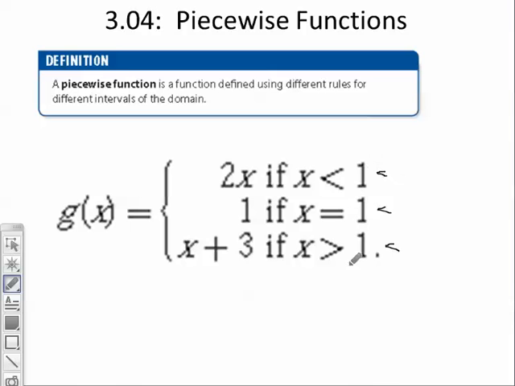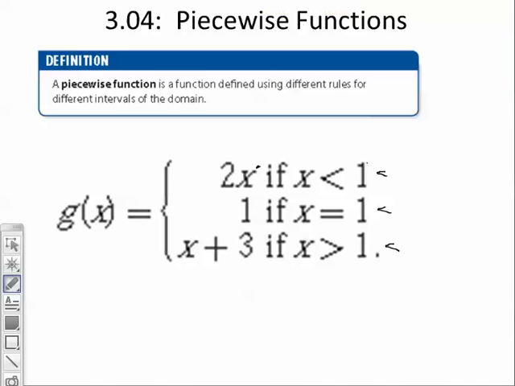At 1, it's not the first one, it's the second one. And it's not the third one, it's the second one. You have to make certain you don't have less than or equal to and an equal to at the same location, because that would not be a function.